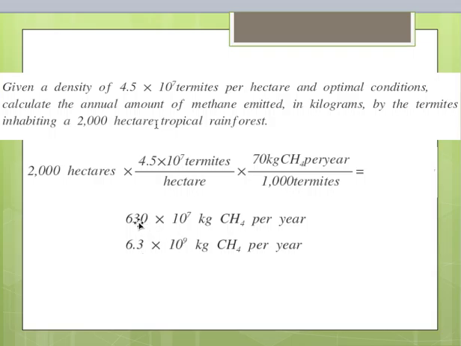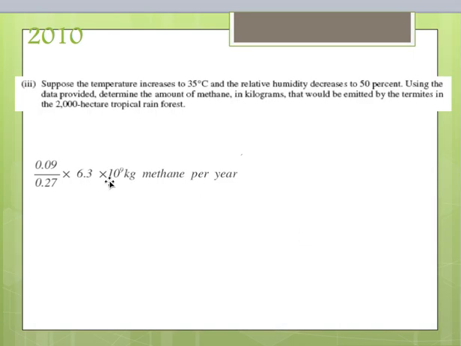I'm just moving the decimal point over 2, so it's 6.3 times 10 to the 9 instead of 630 times 10 to the 7. Remember, these are the exact same numbers. And so I'm going to put the new rate over the optimal and multiply that by the methane that's produced by the optimal rate. And that's really easy.